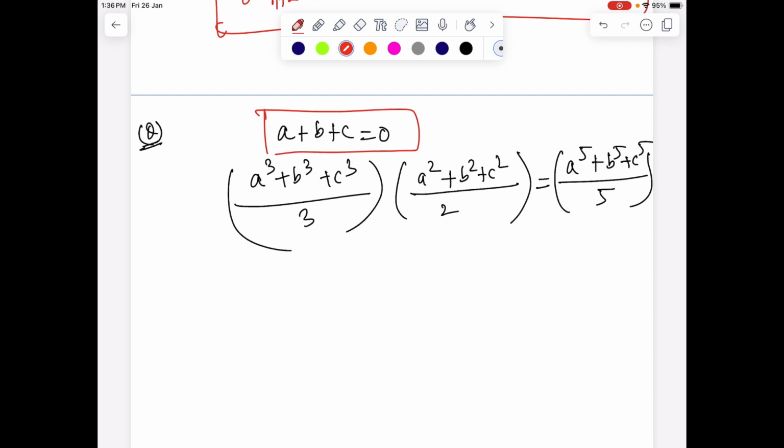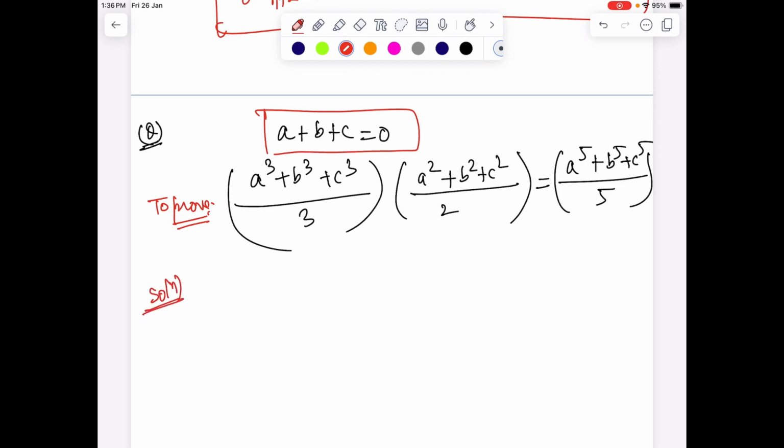So here we go. We have three numbers, a plus b plus c, which adds to 0. So we have to prove that if a plus b plus c is 0, then (a cube plus b cube plus c cube) by 3 into (a square plus b square plus c square) by 2 equals sigma a to the power 5 by 5. So it is a very interesting question.